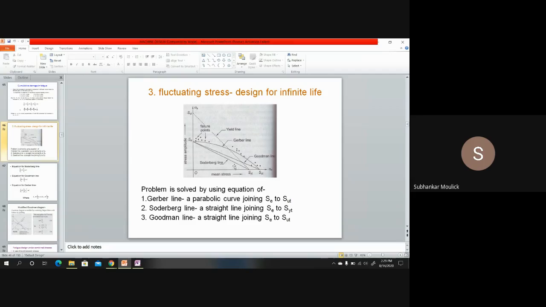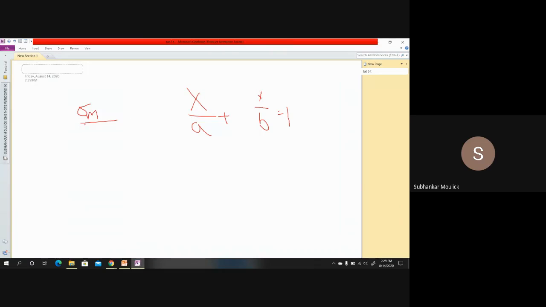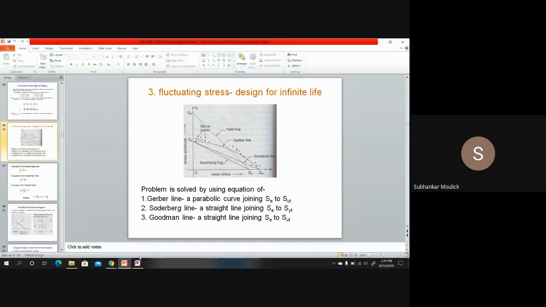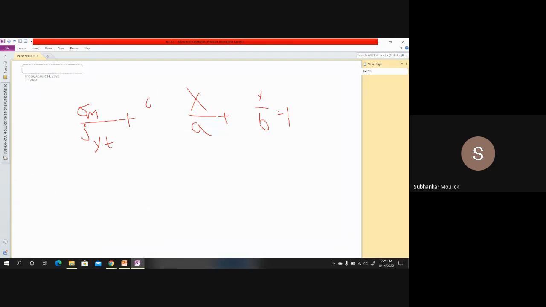For Soderberg line, which one is your intercept on x-axis? SYT. So sigma m by SYT plus y. Y is your sigma a. Sigma a divided by b. B is intercept on y-axis for Soderberg line.